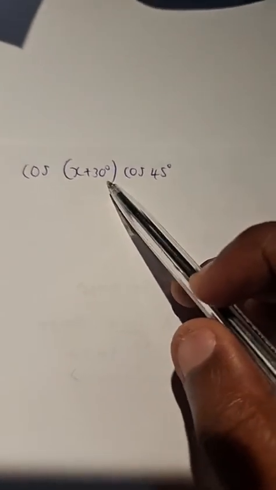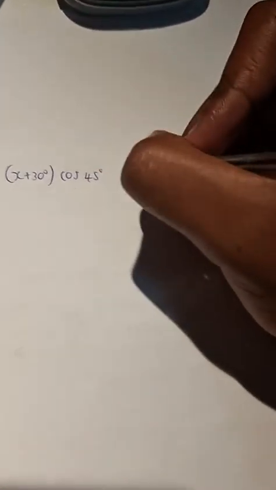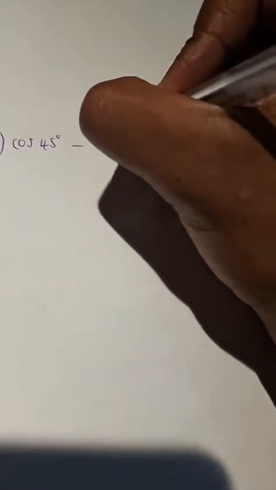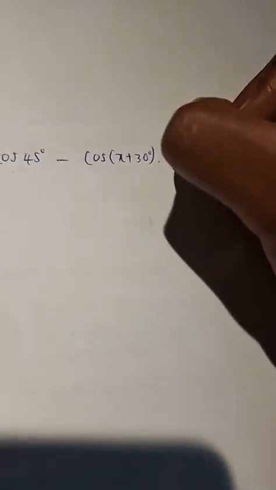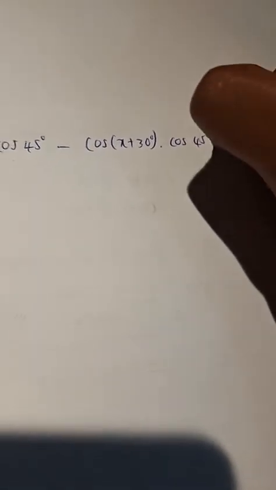Cos of x plus 30 degrees into cos 45 minus cos of x plus 30 degrees into cos 45. So let's look at this example.